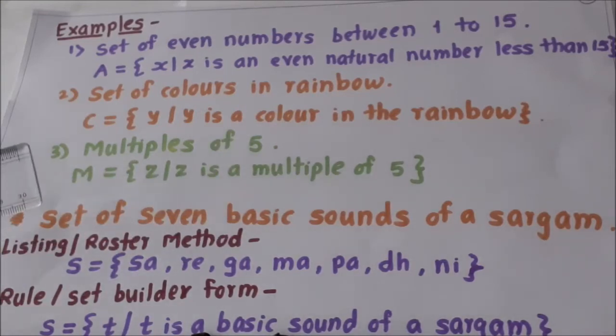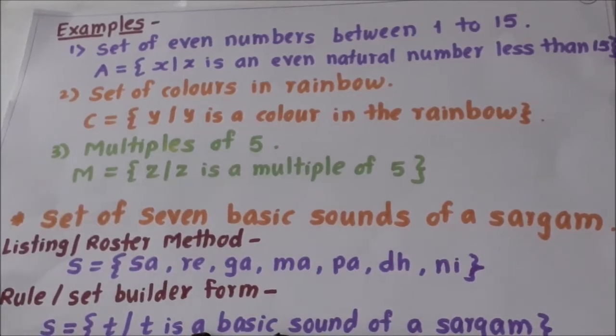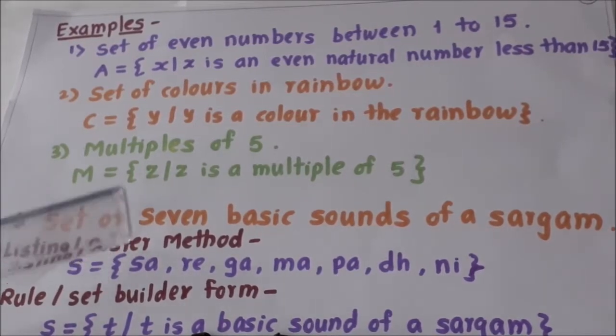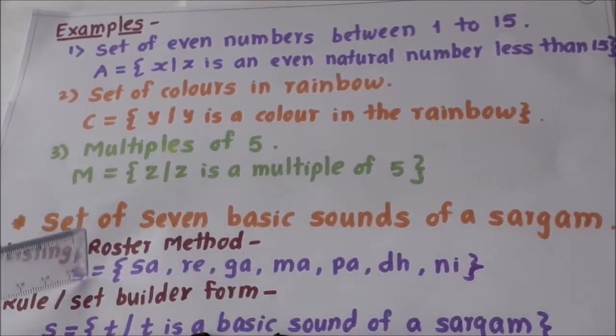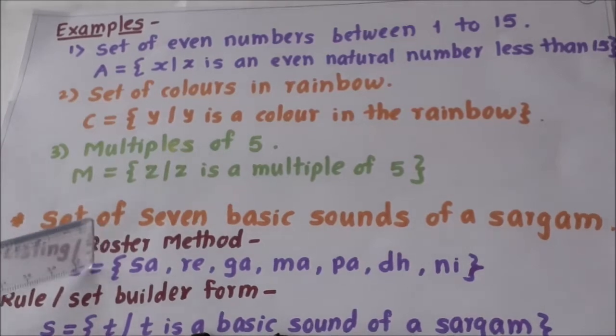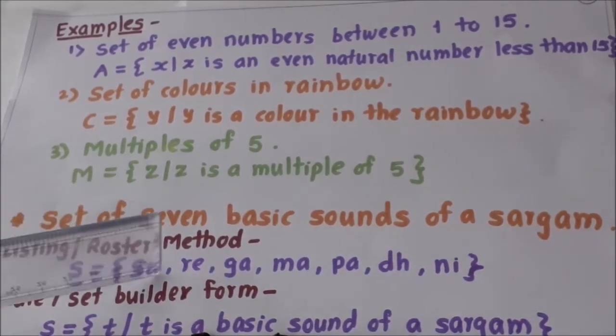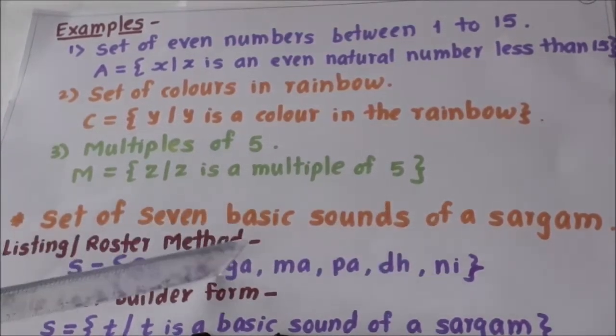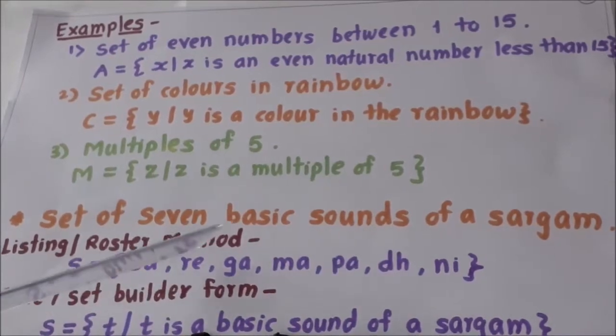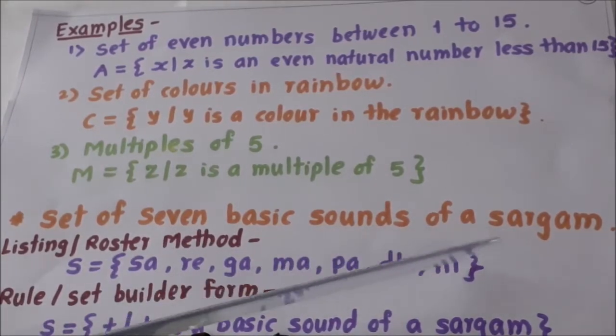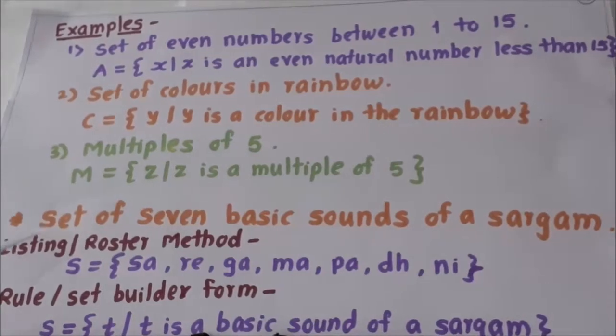While writing such an example, we can write this in listing method or roster method like this: S, the name of this set, is equal to, in curly brackets, write all the elements separated with commas: sa, re, ga, ma, pa, dha, ni, and complete the curly bracket. This is the listing method or roster method.